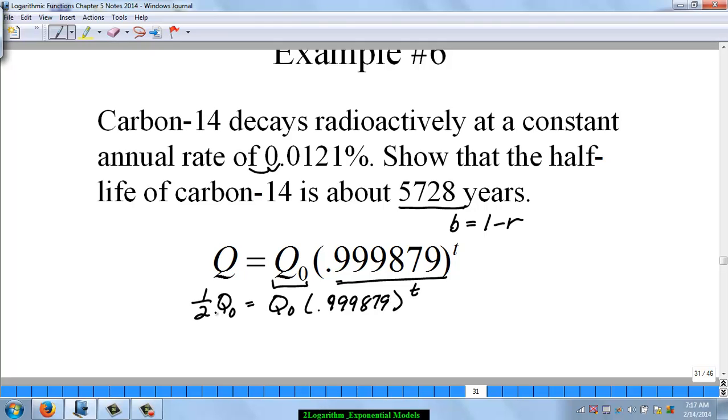And then when I divide by Q sub 0, it goes away, so I have a half equals 0.999879 to the T. And I'm solving for time, and I'm hoping it's 5,728, so I'm going to natural log both sides.